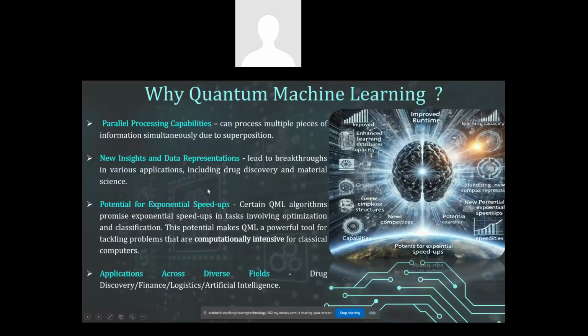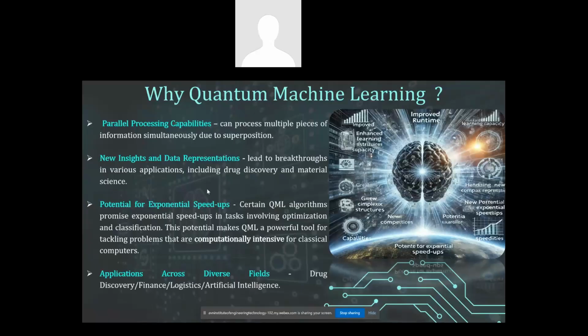These are add-ons, right? Parallel processing capabilities, new insights and data representation, and the potential for exponential speedups. Some tasks involve powerful tools or powerful, complex data, and that needs much faster computation.